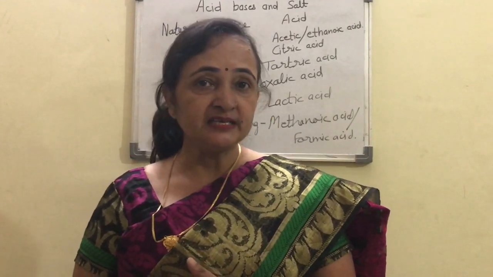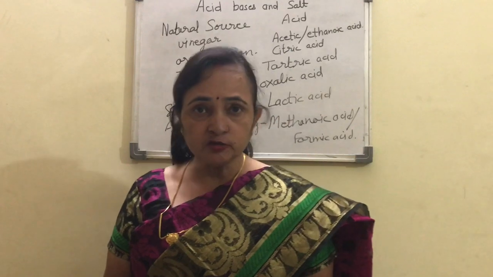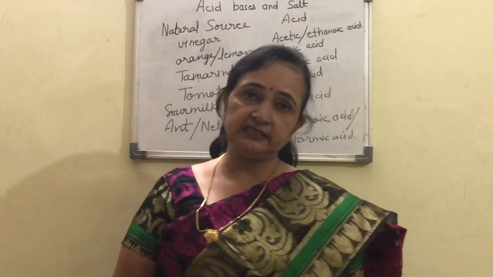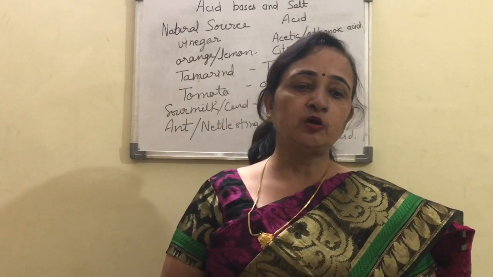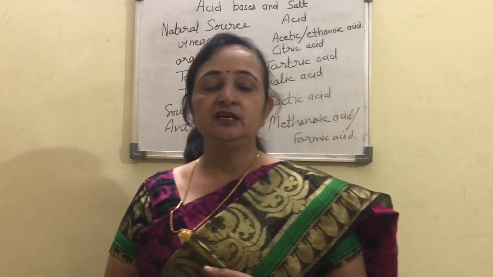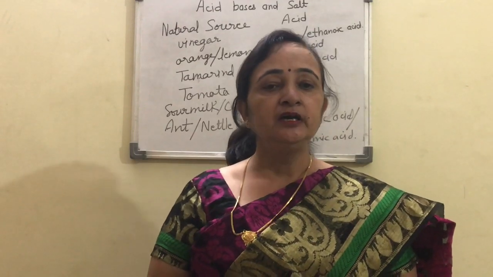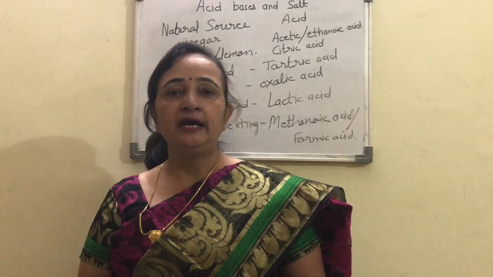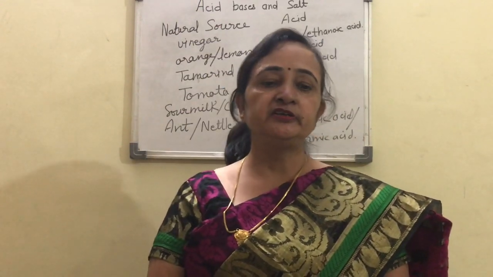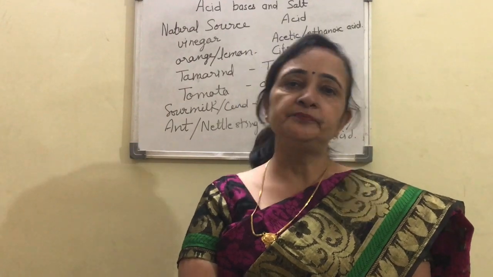So if the soil is basic, then what will the farmer use? The farmer will use the acidic one. So in this case, it means the soil is acidic. So this is the answer, and I will be sending you these answers, and you can write them in your notebook. Okay, and then in the next one we'll continue about the family of salts and the pH of the salts.